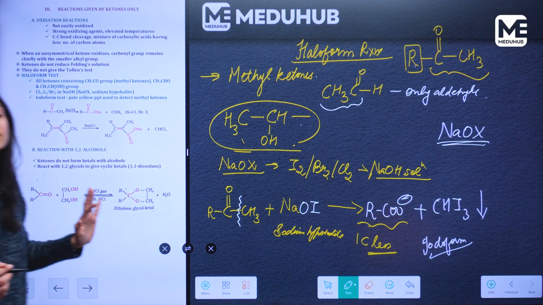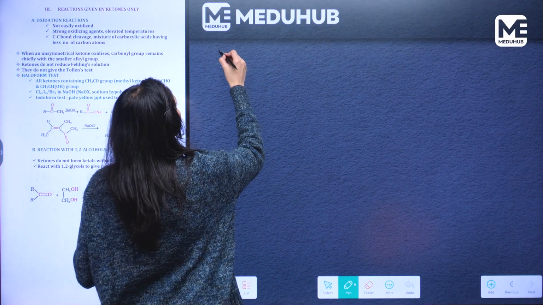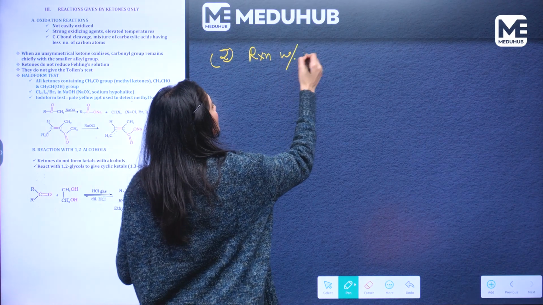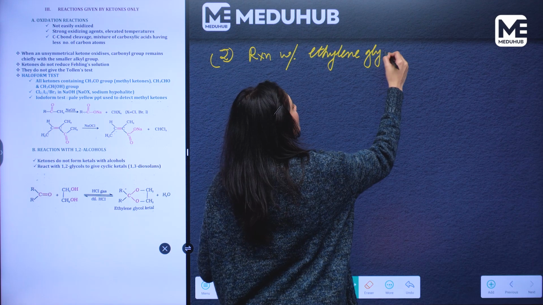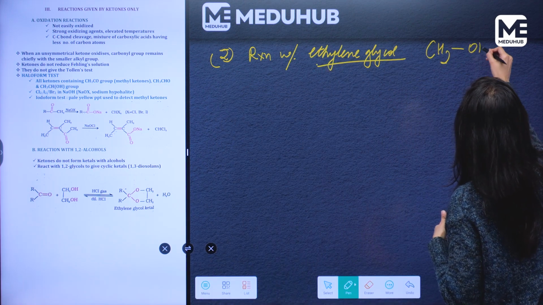The last reaction that is given by ketones and not given by aldehydes is the reaction with ethylene glycol. Ethylene glycol is this.